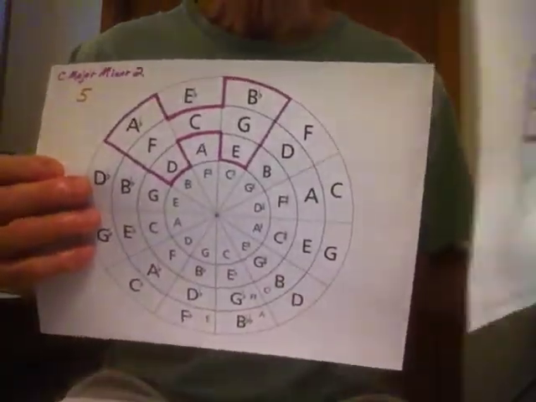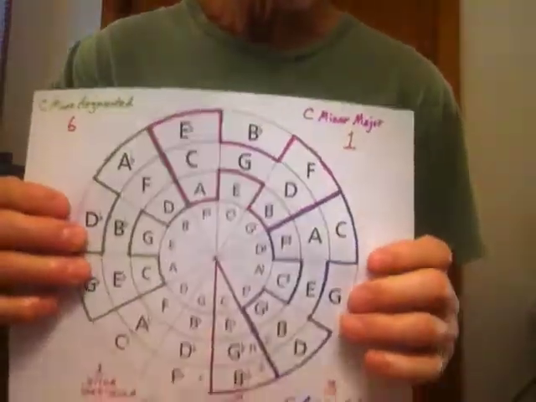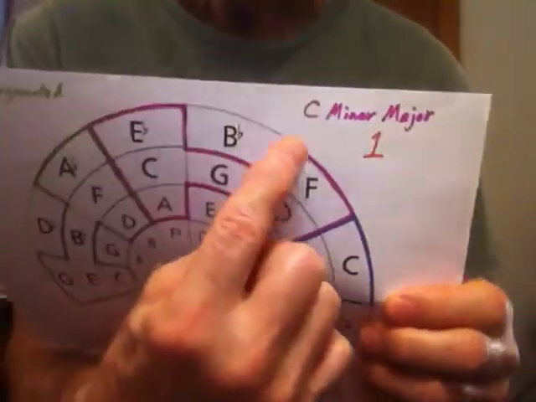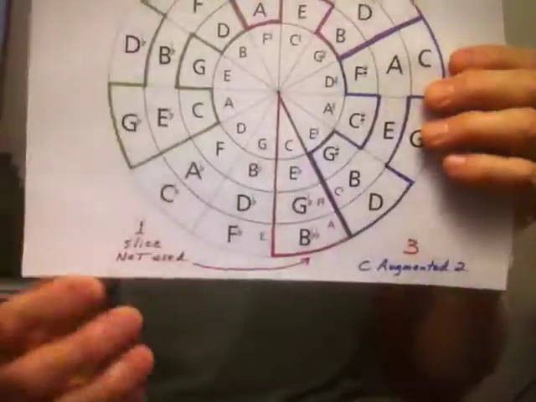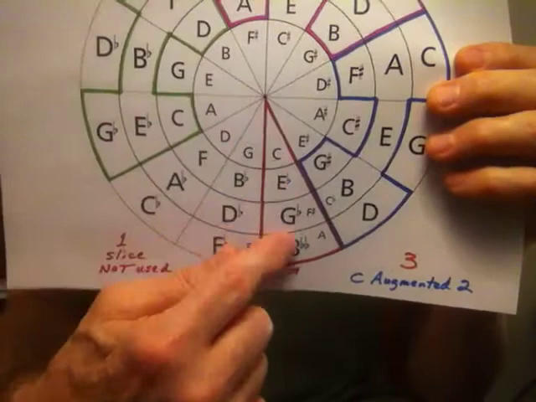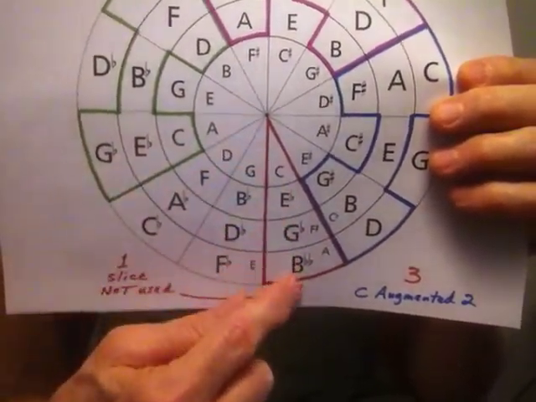Same scale shape. All you did was slide it around. If you use this particular scale shape for your C minor major and its 6 attendant modes, you'll notice that there's one slice that is not used.